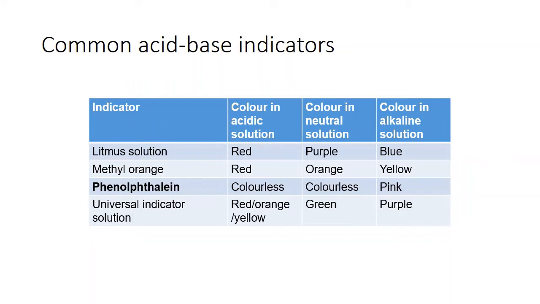Phenolphthalein: color in acidic solution colorless, in neutral solution colorless, in alkaline solution pink. Universal indicator solution: color in acidic solution red, orange or yellow, in neutral solution green, in alkaline solution purple.